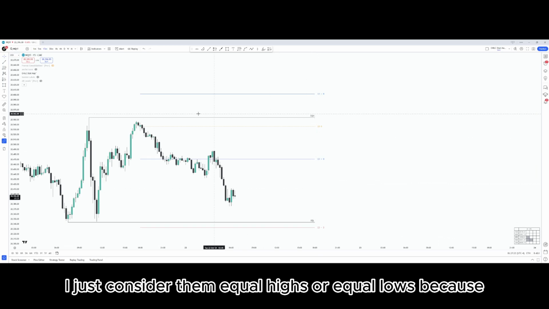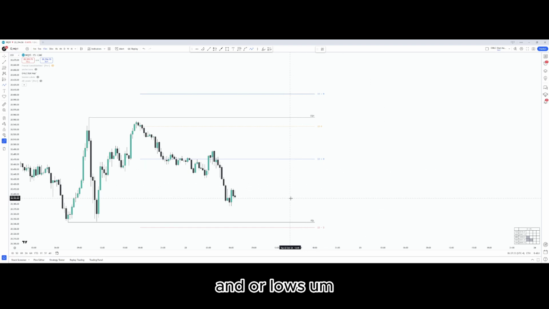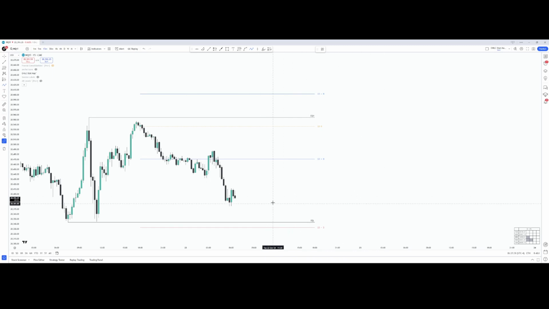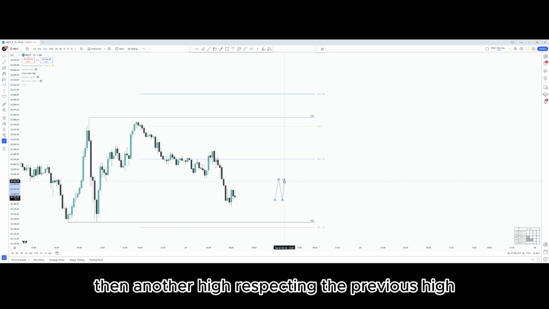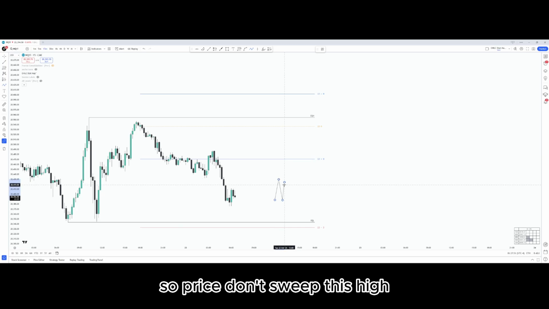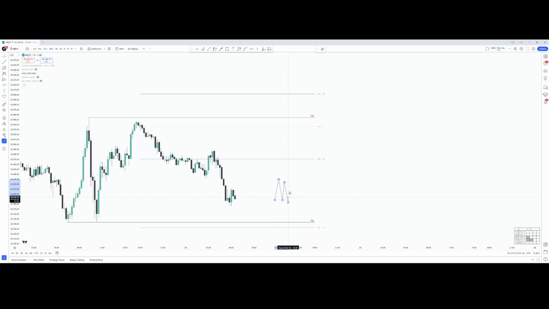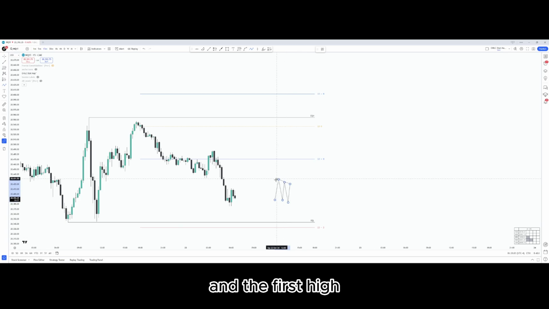Instead, I just consider them equal highs or equal lows, because smooth edges in reality are a subsequent set of highs and or lows that form a horizontal line, and this horizontal line is respected. We want to see a first high, then another high respecting the previous high, so price doesn't sweep this high, liquidity remains above this previous high, then another high that respects the previous and the first high.